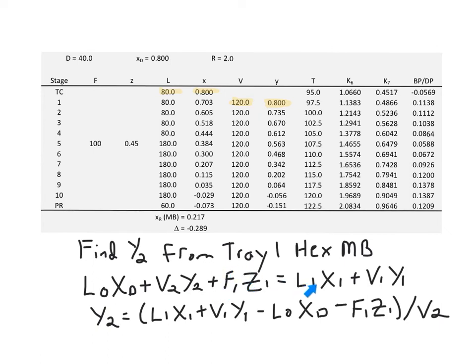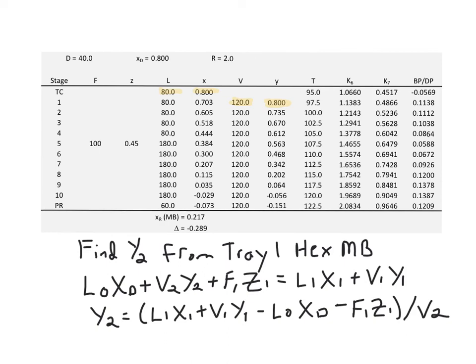That's equal to the liquid leaving tray 1, plus the vapor leaving tray 1. Now, we solve for Y2 here and divide through by V2. All these things are already known, and so we can calculate Y2 based on that mole balance.